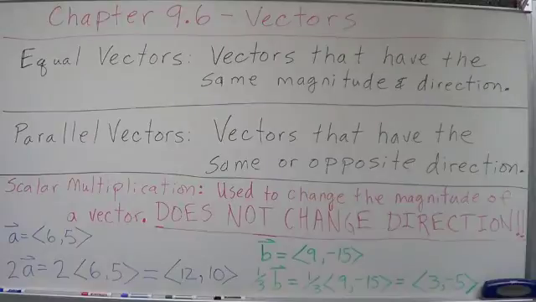Another concept is called scalar multiplication. Now that you know what the term scalar means, a single one-dimensional quantity, we can use scalar multiplication with vectors. In other words, multiply a vector by a quantity. Now, what would that quantity represent?